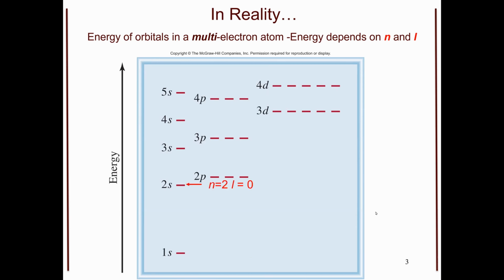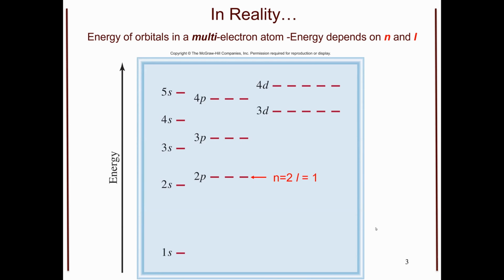But now let us look at our 2s. If I have a 2-0 subshell, notice that it is going to have a different energy than something that is 2-1. This means I have a different subshell, and the subshells have different energies. In the Bohr model, he was saying that only the shells have different energies.